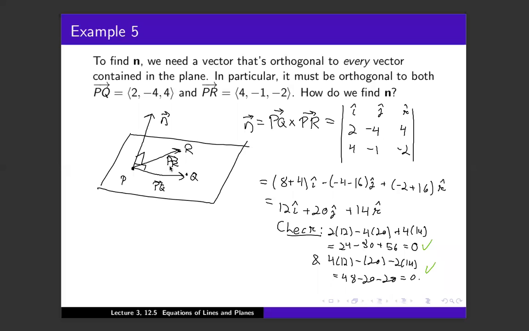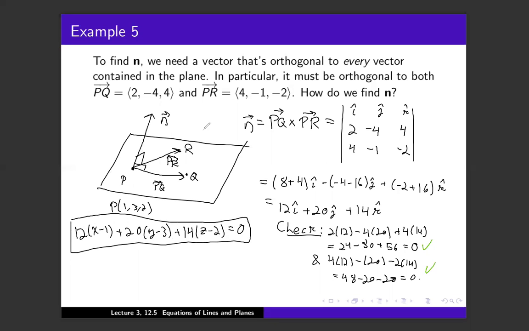And with that in mind, we can now go about doing this. We know in this case that we've got the point. The point that we're going to use is P is 1, 3, 2. So we can write that as 12 times x minus 1 plus 20 times y minus 3 plus 14 times z minus 2 is all going to be 0.